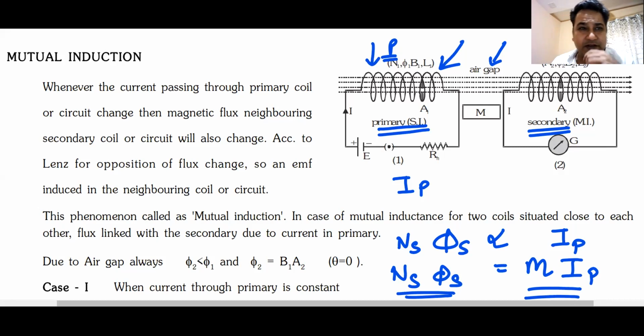This phenomenon where flux is linked in the secondary coil because of current flowing in the primary coil is known as mutual inductance. Now, if I change the current in the primary, what will happen?